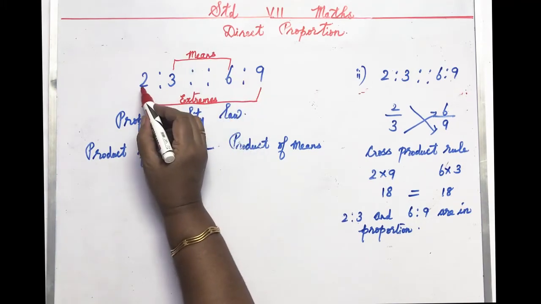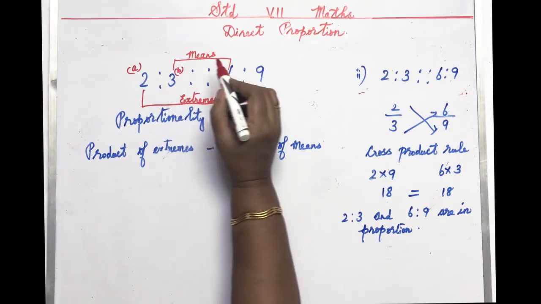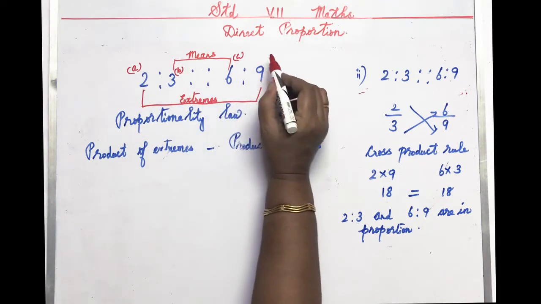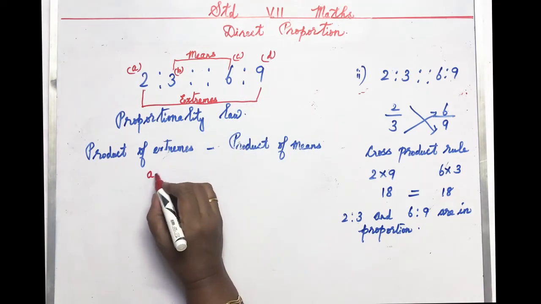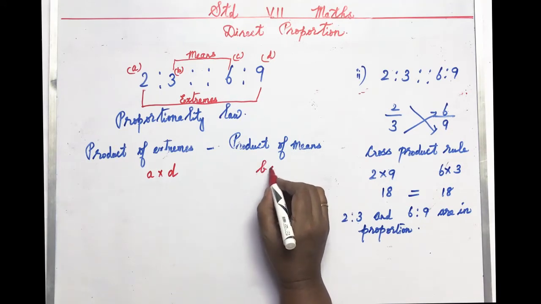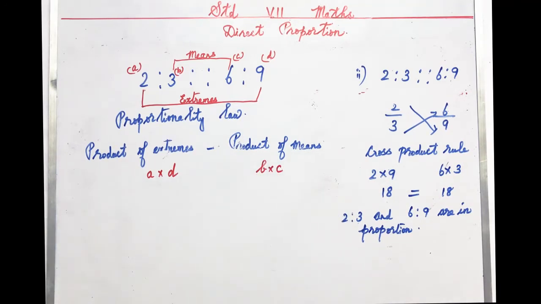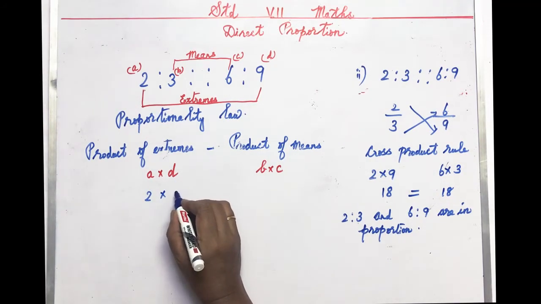So, if you call the first term A, the second term B, the third term C, and the fourth term D, what are the extremes? A into D. And the means? B into C. Now, we shall check whether the answers are the same. A is 2 and the fourth term D is 9.